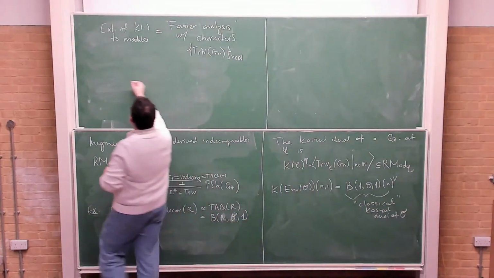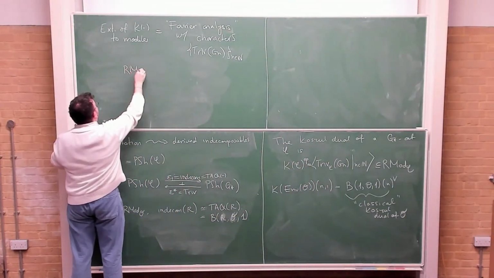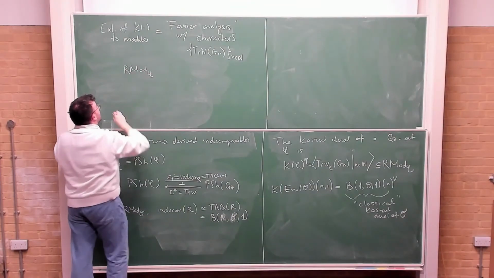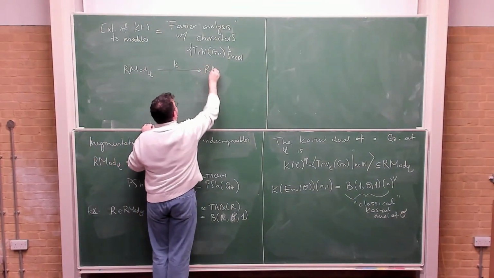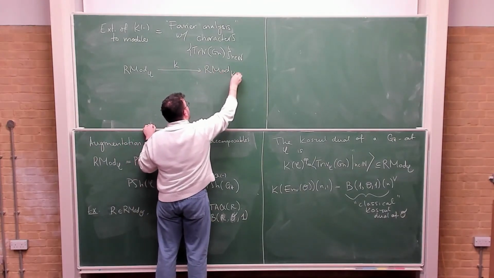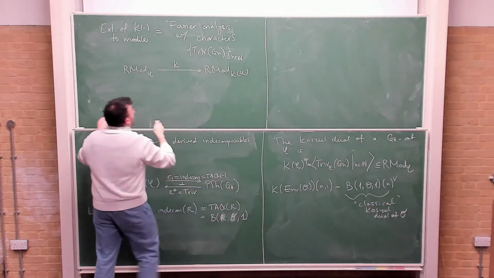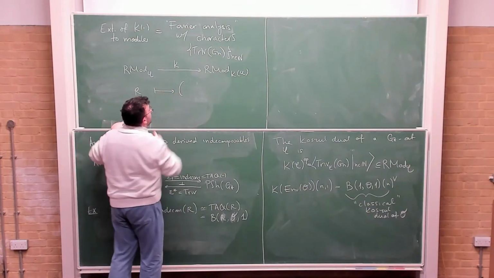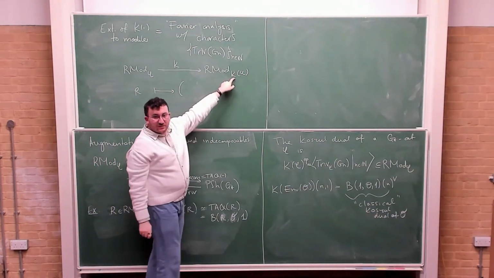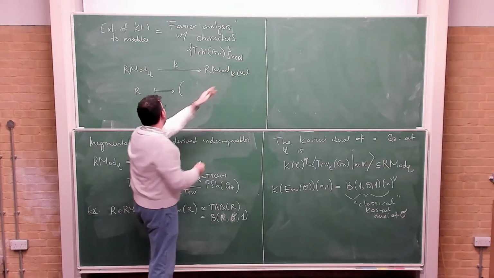What do I do? I take a right module over C, and from this I want to produce a right module over the Koszul dual of C. And I do this by sending this module to, so remember this is generated by the trivial things, so I just have to tell you where the trivial things go.